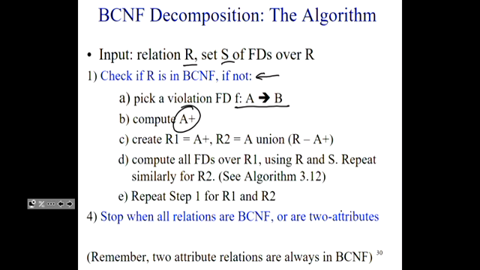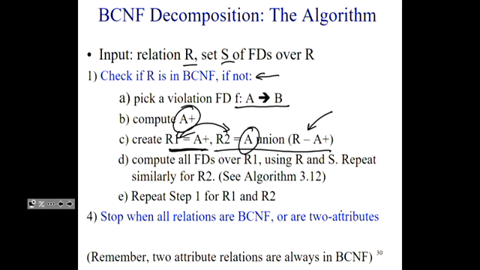And then you create two relations: R1, which is the closure of A, and R2, which is A union with everything else, so A union with R minus the closure of A. So this is everything else, and you still have A here so that you can connect these two relations with each other.